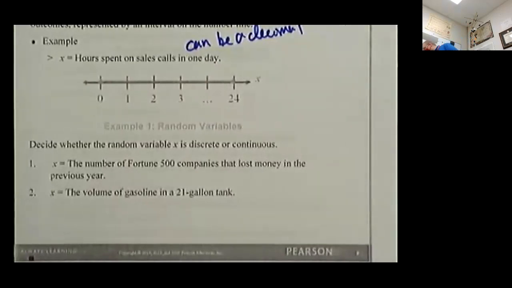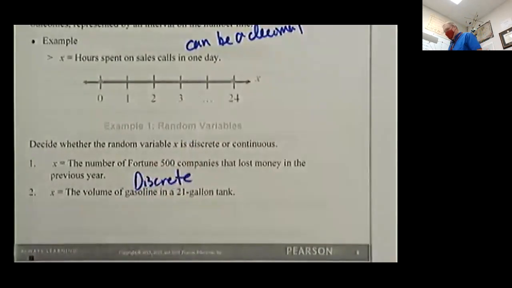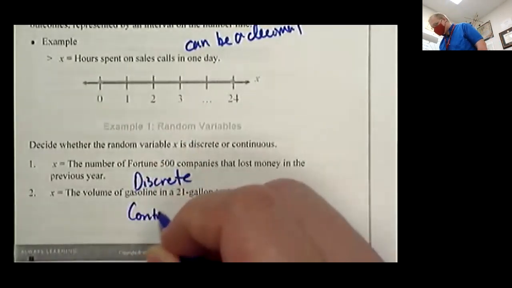Therefore, that one has to be discrete. Number 2, x is the volume of gasoline in a 21-gallon tank. Well, you could have 5 gallons, 10 gallons, but can you have decimal gallons, like 1.2, 1.5? Yes, you can. So this one is continuous.